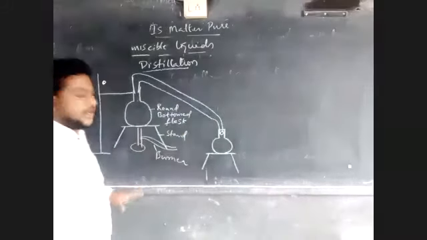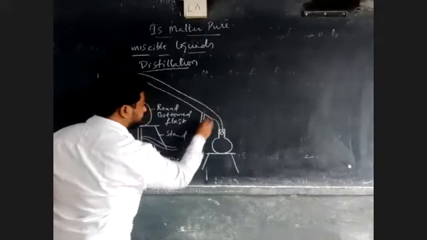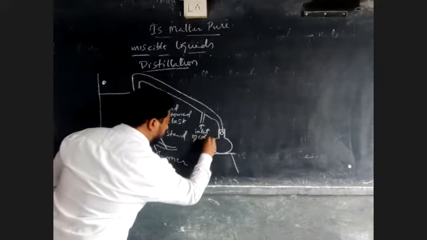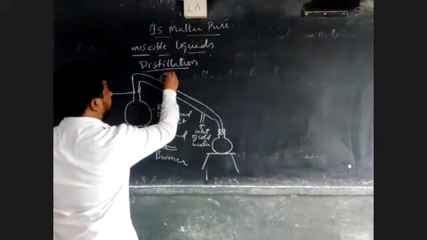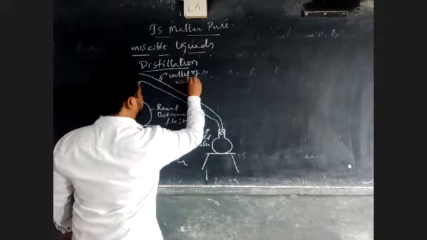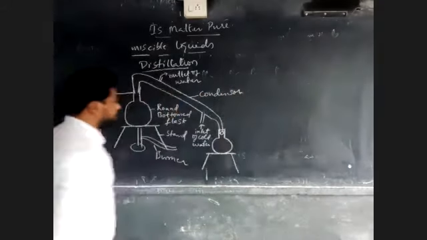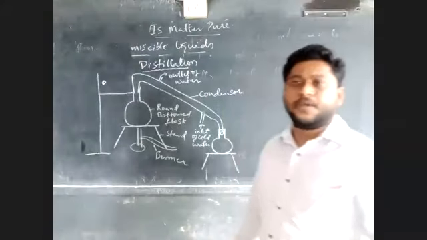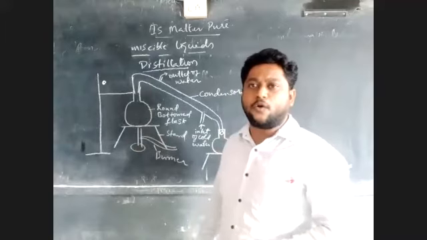Now, what is happening in the condenser? This is the inlet of cold water. Here is the outlet of water. This is the condenser. So this is the entire setup for the distillation. Here you have taken a stand, a burner, and a round bottom glass.